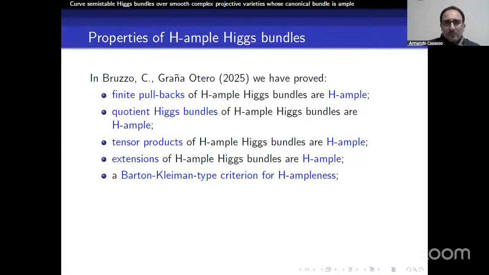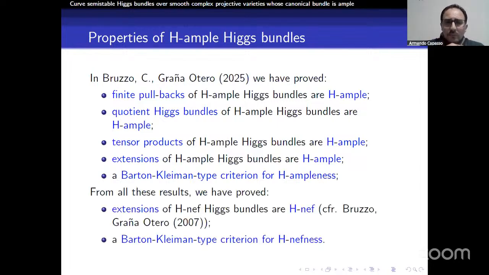By myself, Ugo, and Bea, we have proved the usual properties. I mean, the finite pullbacks, quotients of Higgs bundles, tensor products, extensions of Higgs ample Higgs bundles are again Higgs ample. And in particular, we have proved a Barton-Kleiman type criterion for Higgs ampleness.